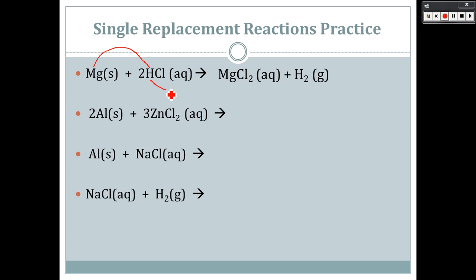The hydrogen then ends up single, which is another way you can remember it's a single replacement reaction. Somebody said, oh, then the hydrogen is single. And you get your magnesium chloride and your hydrogen gas. Now, one thing that's important to note is that magnesium in an ionic compound forms a 2+, chlorine forms a 1-.